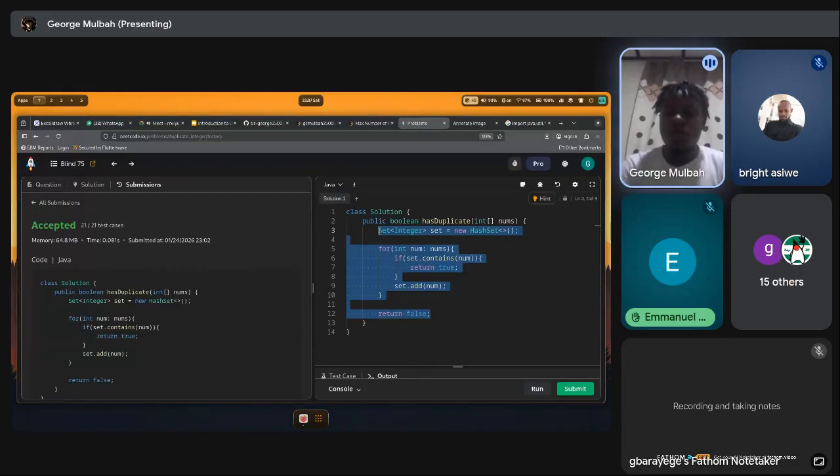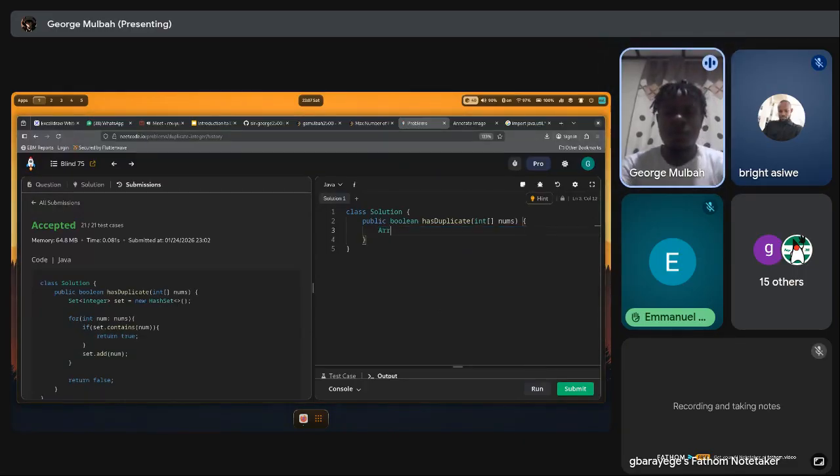The sorting solution will be this one, right? You sort the array. Once you sort the array, this is the solution that is currently being held.